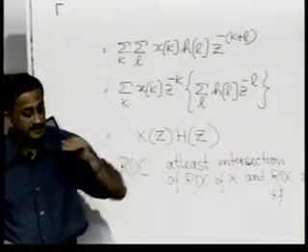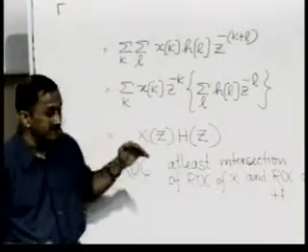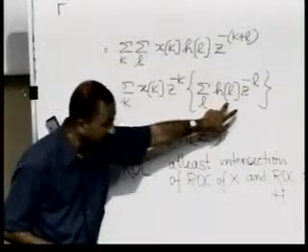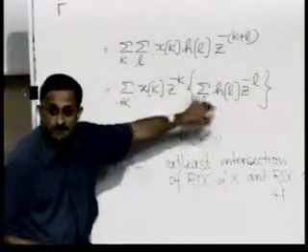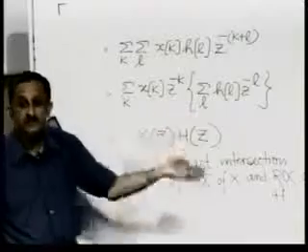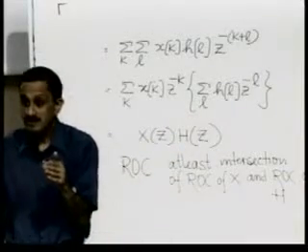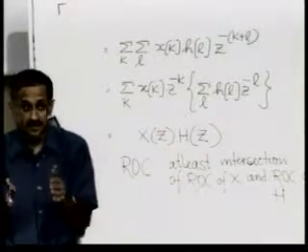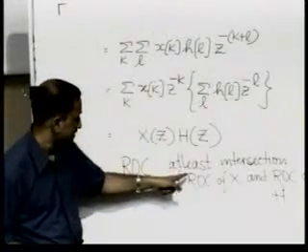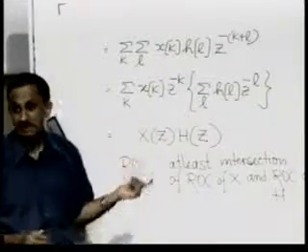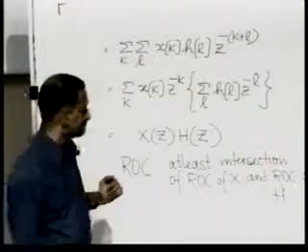So it could happen that there are some z's for which this by itself doesn't converge, but when you multiply it by this, convergence takes place. So that's the reason why here we are saying at least the intersection; it could be larger. That must be kept in mind.